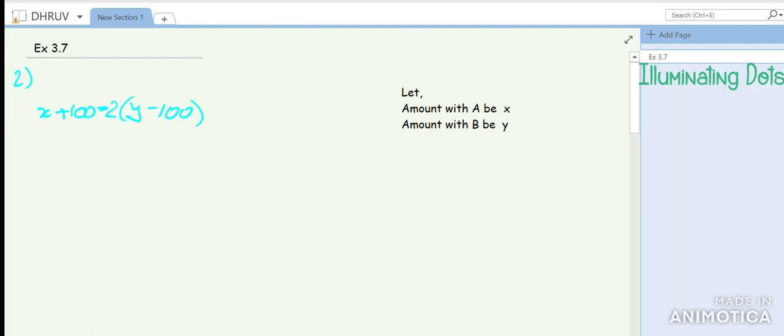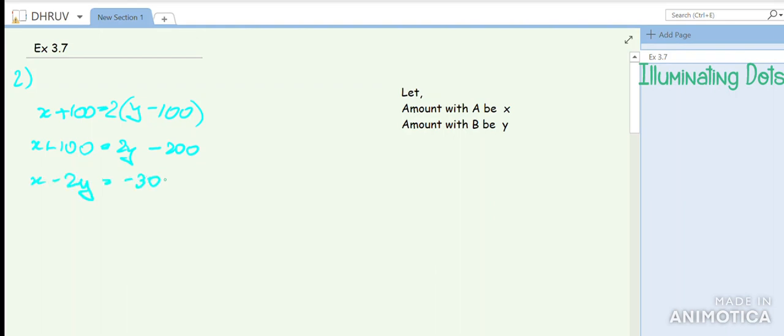In questions with ages, we always multiplied the number to the younger one's age. So it is the same thing here: we multiply it to the lower one's amount, not age, sorry for that. Now I will simplify it, so it becomes x plus 100 is equal to 2y minus 200. Therefore x minus 2y is equal to minus 300.